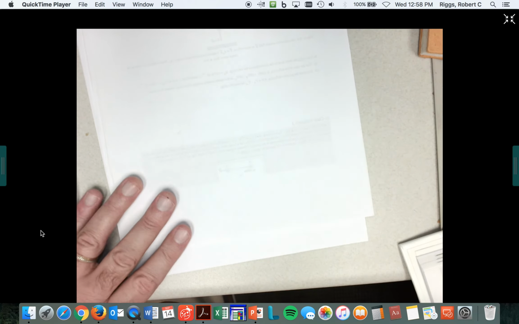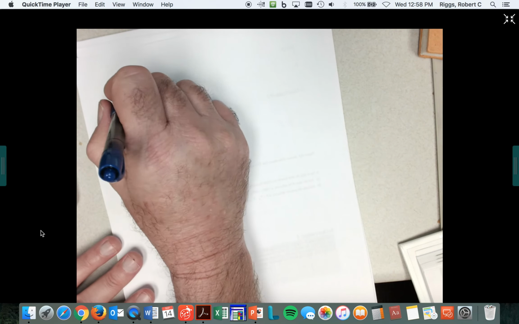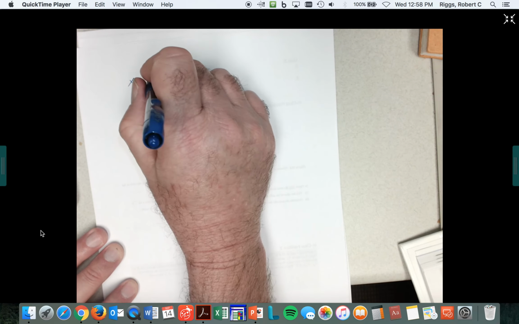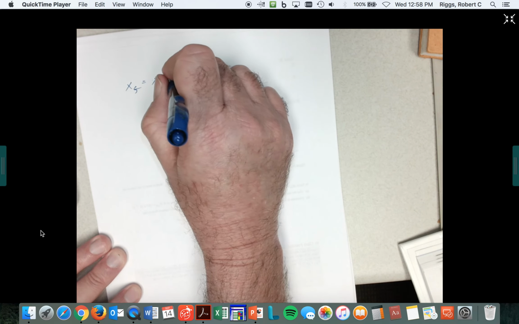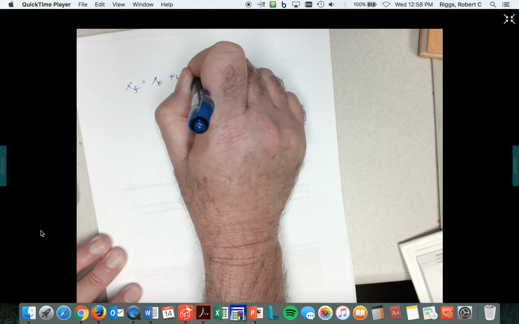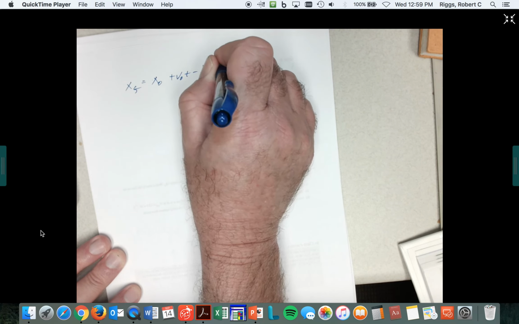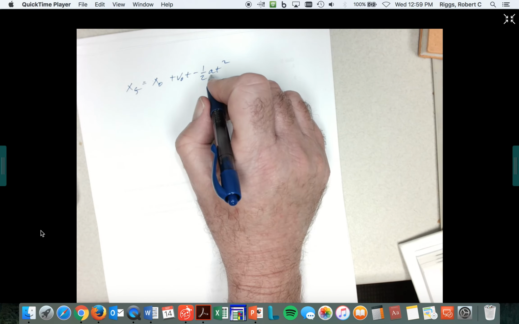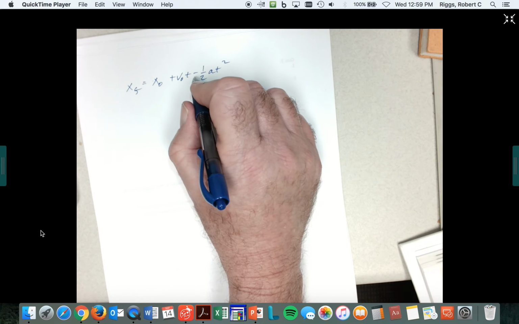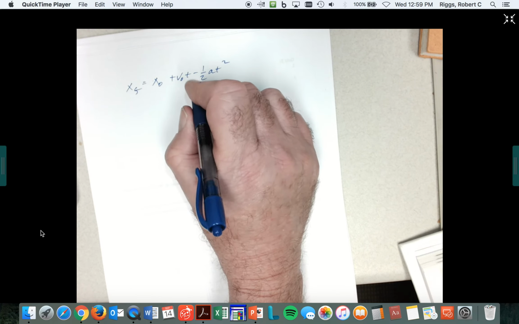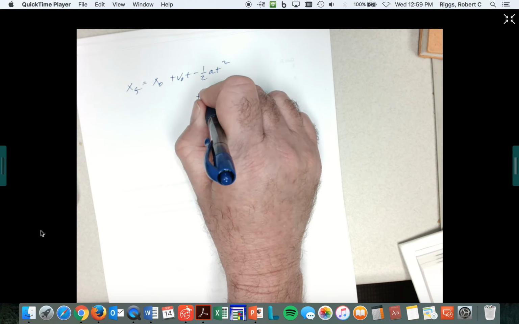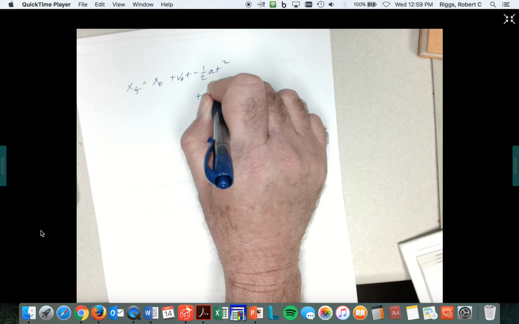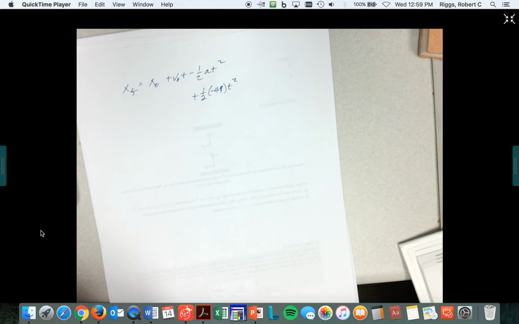Now, let's find the distance. You've got the distance formula: x final is equal to x naught plus v naught t minus 1/2 a t squared. I've already factored out the negative in the 4.9 here. If I made this a plus sign, it would look like this, so don't double negative yourself.